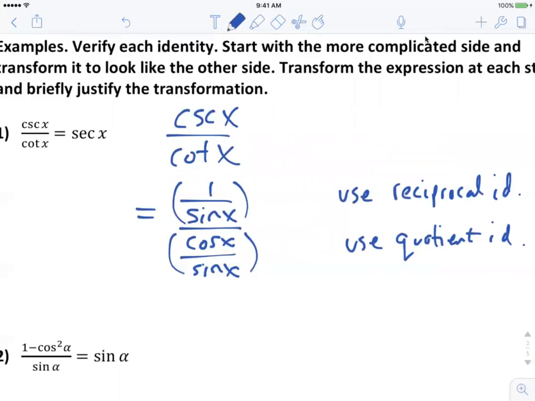Now from here, I'm going to do some algebra, right? So I'm going to think of division as multiplying it by the reciprocal. Right, so I would just write that, multiply by the reciprocal.